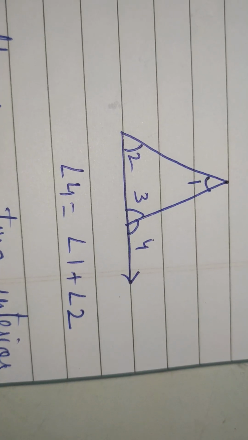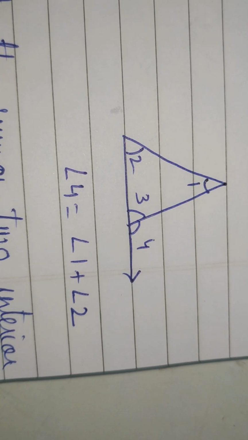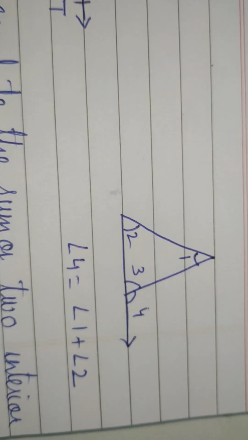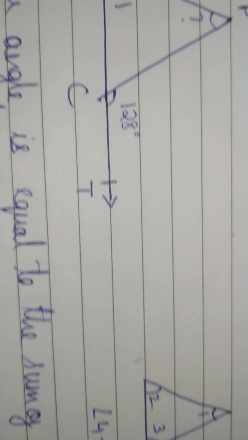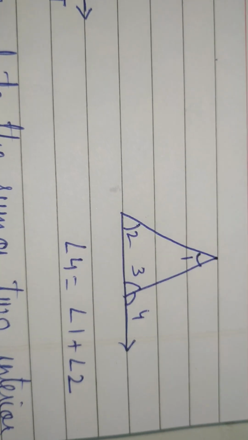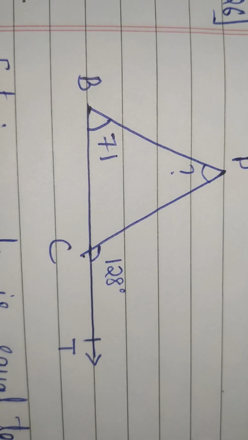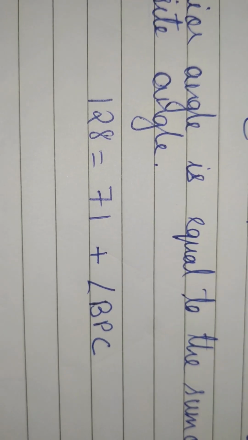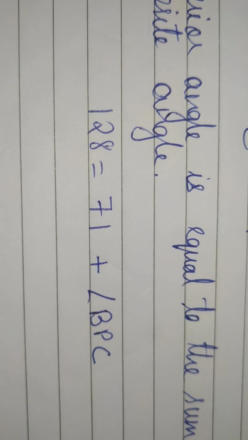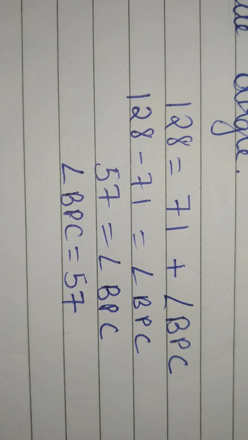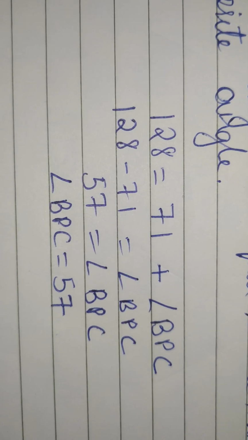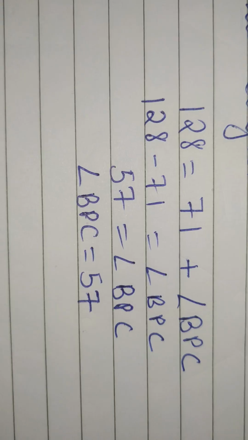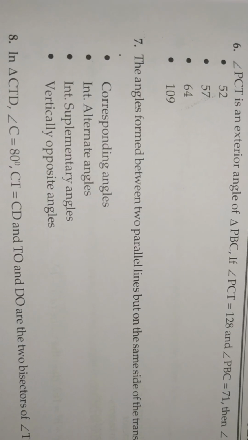It means angle 4 is equal to angle 1 plus angle 2. In this case angle 4 will be 128, angle 2 will be 71, and angle 1 is angle BPC. So 128 is equal to 71 plus angle BPC. I have taken 71 to the other side. After subtracting I am getting 57, so my final answer will be 57.